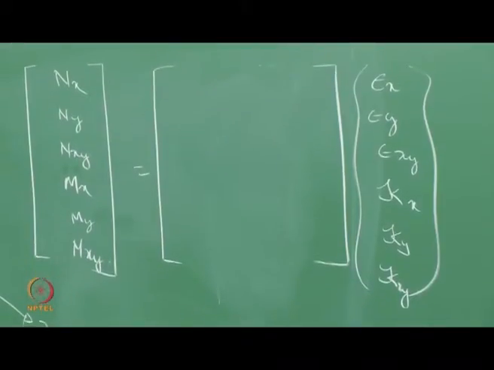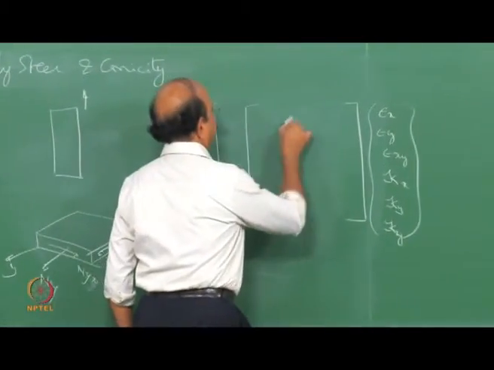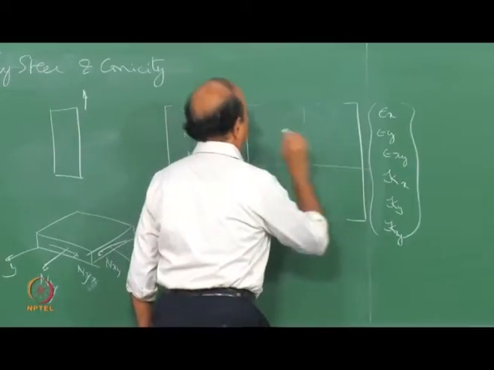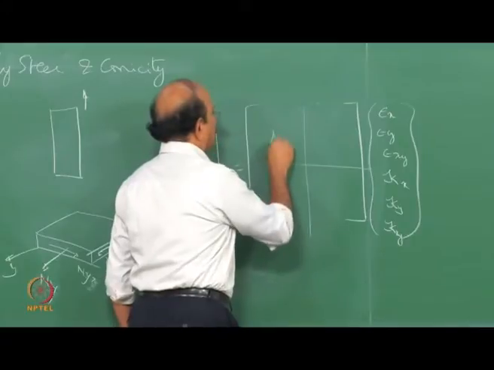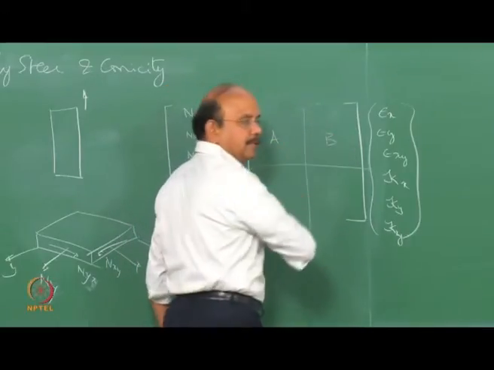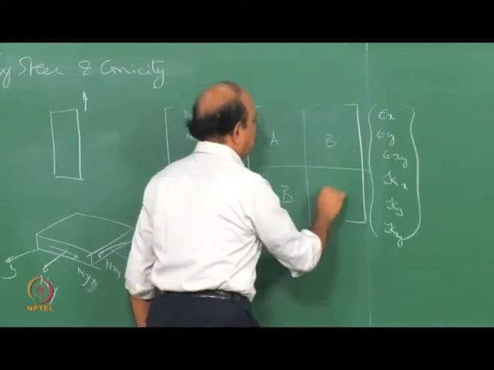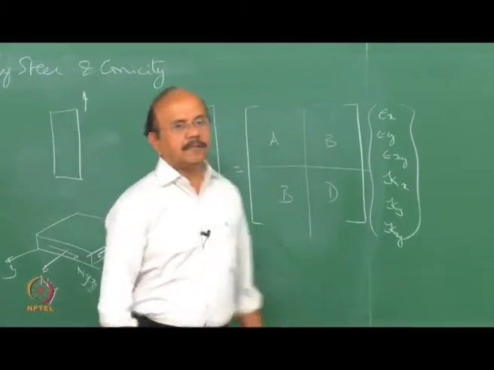Right. Now, these two are related by these constitutive equations. Let's say that we'll divide it into 3 by 3 blocks. We'll call that A, we'll call that B, call that B, and that we'll call D.